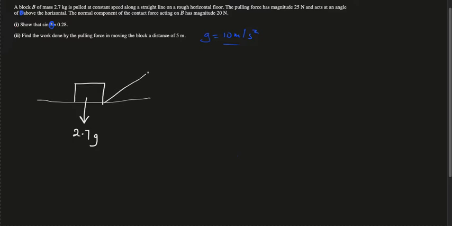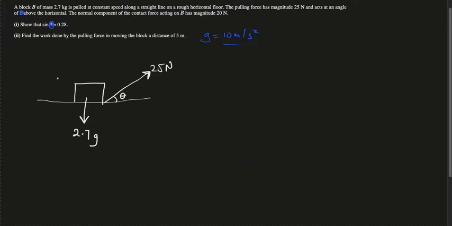They told us in the question that the force of 25 newtons is acting at an angle, that angle there. And then they said the normal component. When you borrow some idea from math, normal is a line that is perpendicular to a horizontal line.